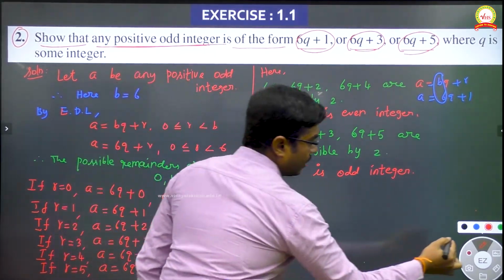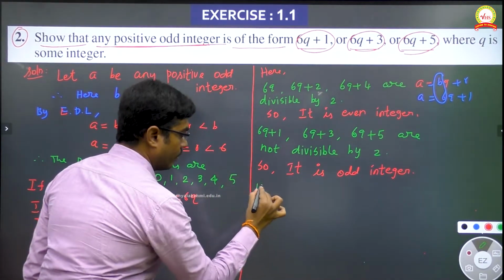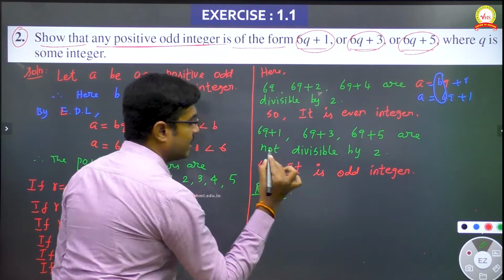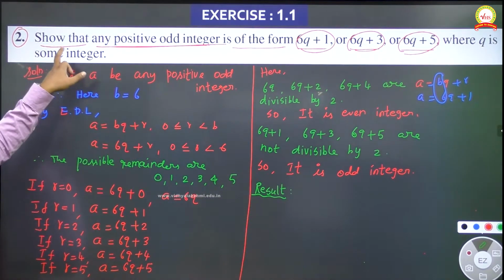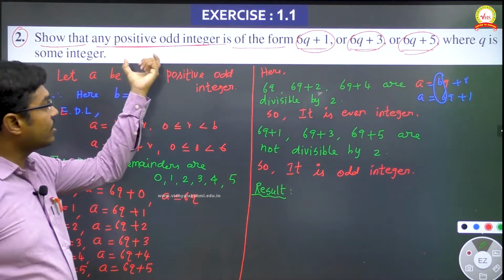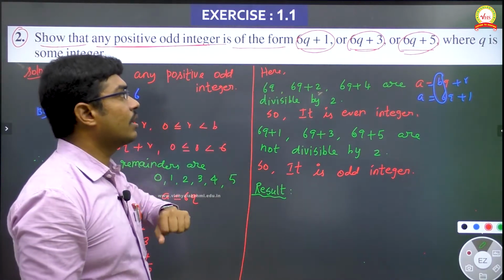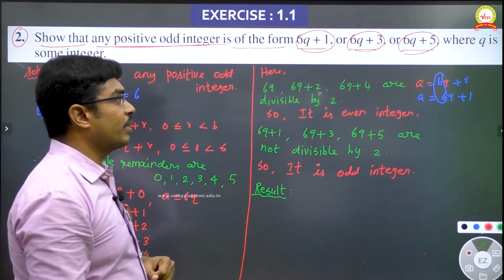So the final result: see the question, show that any positive odd integer is of the form 6q plus 1 or 6q plus 3 or 6q plus 5.